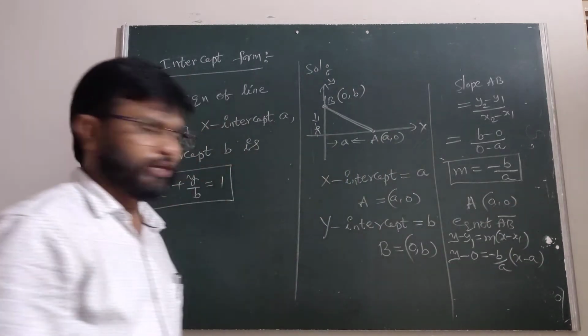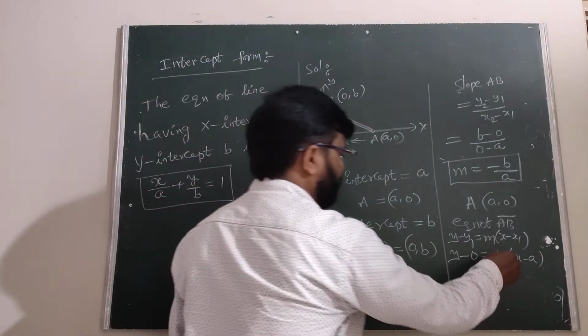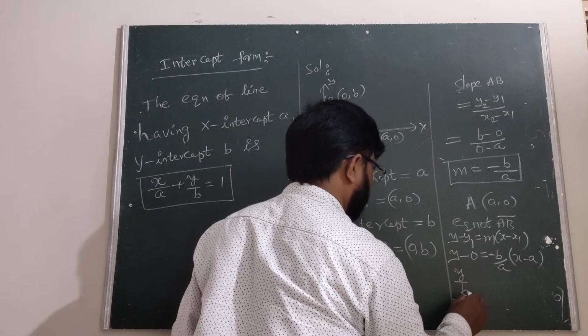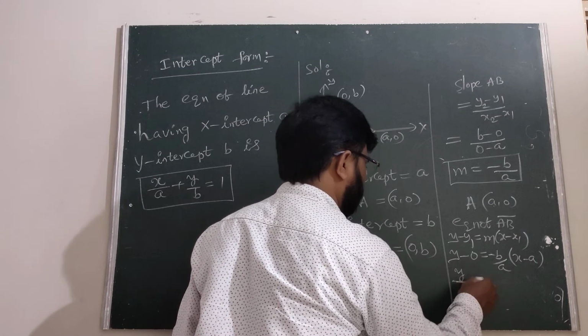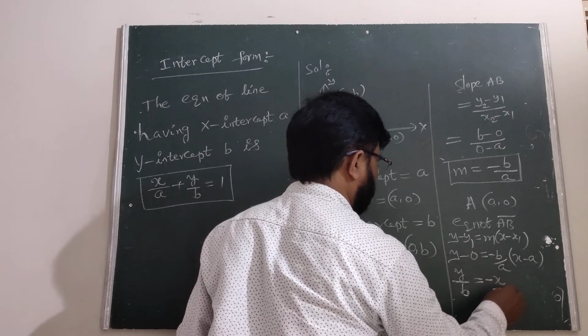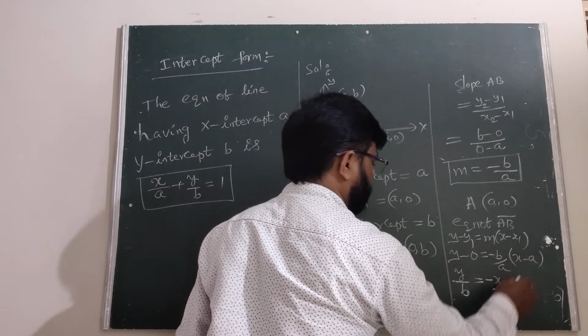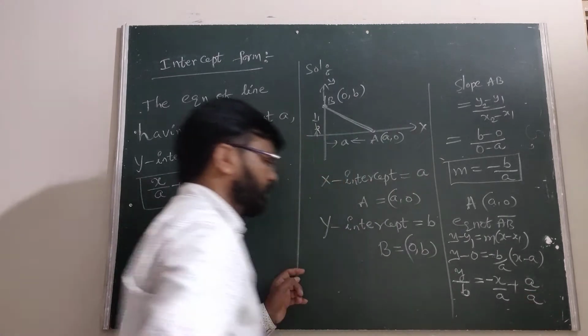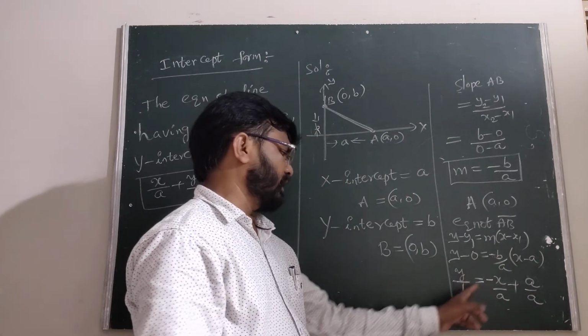Now here we can write the b as divided by b, that is y by b. This is y by b equals minus x by a, and minus into minus is plus a by a. Is it clear? Into b is sent to the other side as by b.